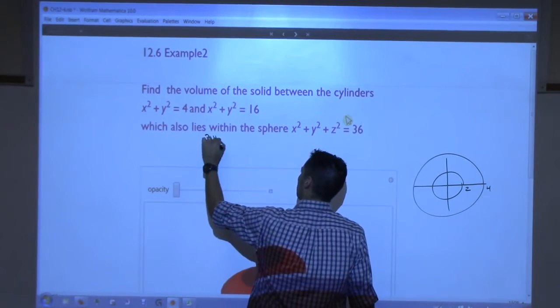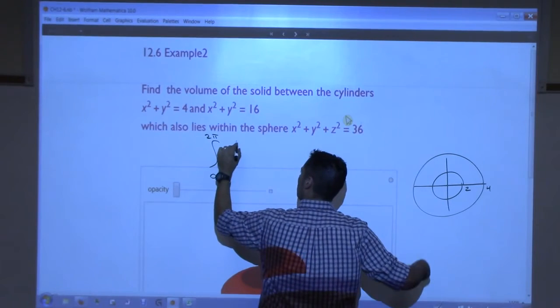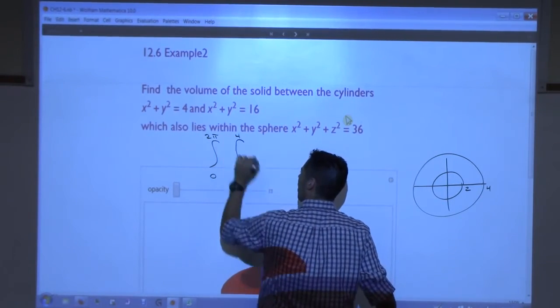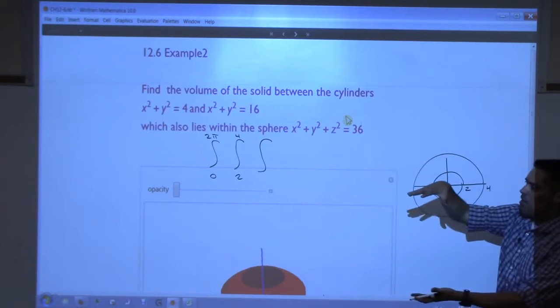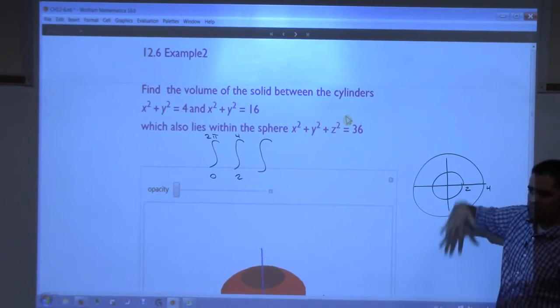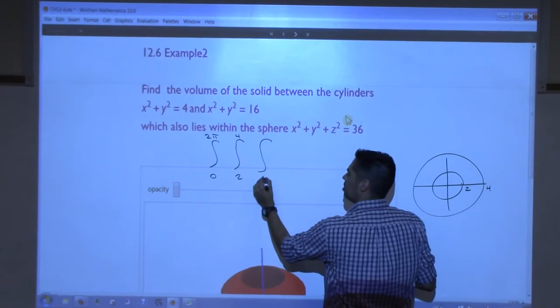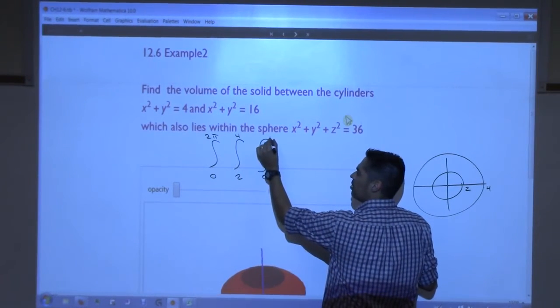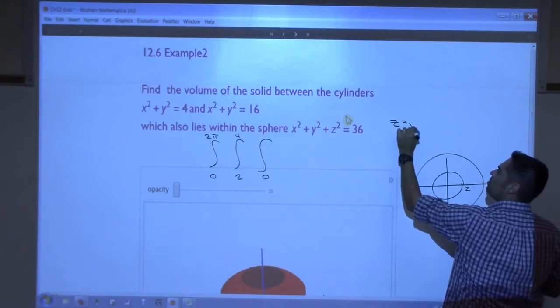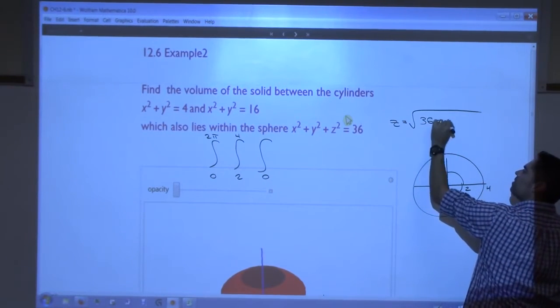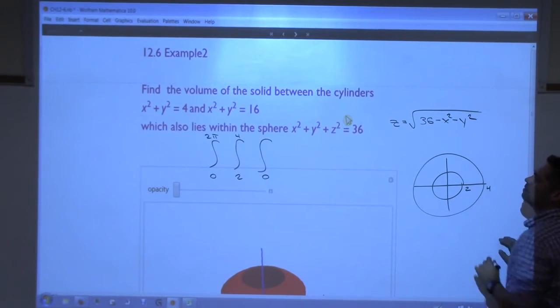So it would be something like 0 to 2 pi, because I know I have to draw that whole thing. I know my radius goes from 2 to 4, right? My z restrictions are from 0 to the top of the sphere. The sphere solved for z is the square root of 36 minus x squared minus y squared, right?